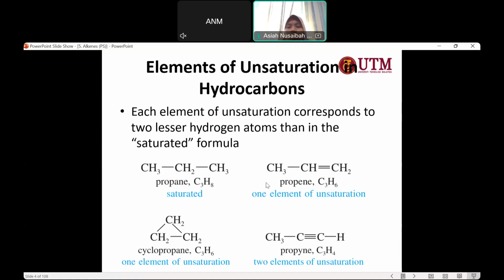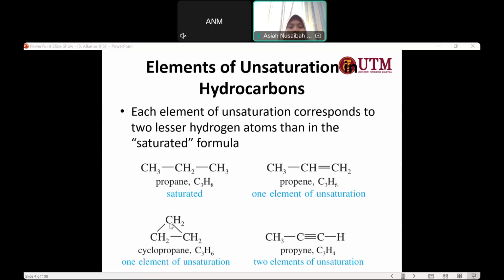Now let's see how about a ring. On the left bottom here, we have a cyclic compound called cyclopropane. Still an alkane, but in the form of a cyclic. So here we have one ring. Because it's one ring, it has one element of unsaturation.